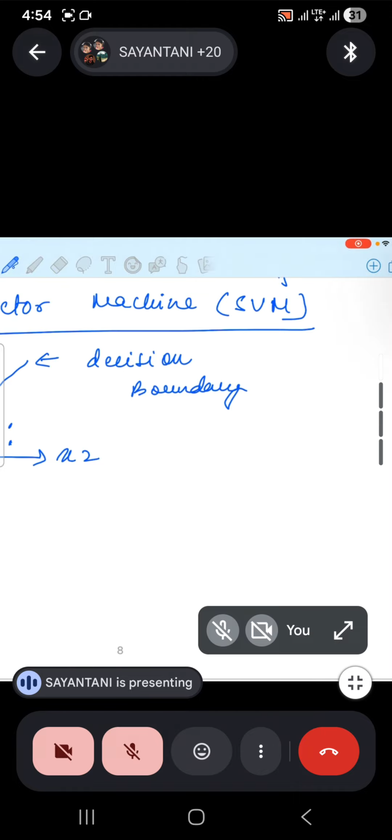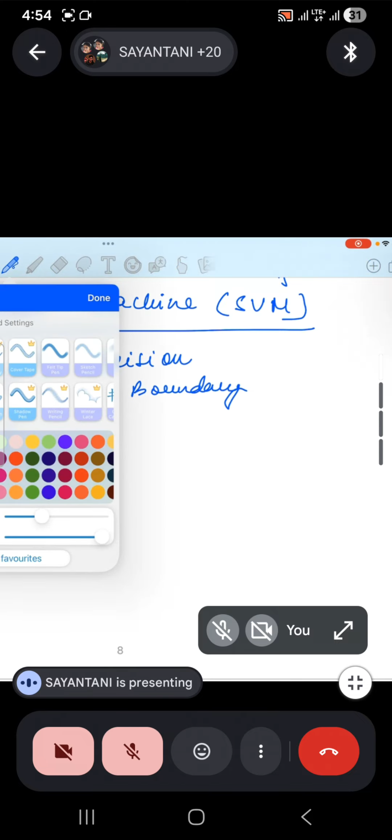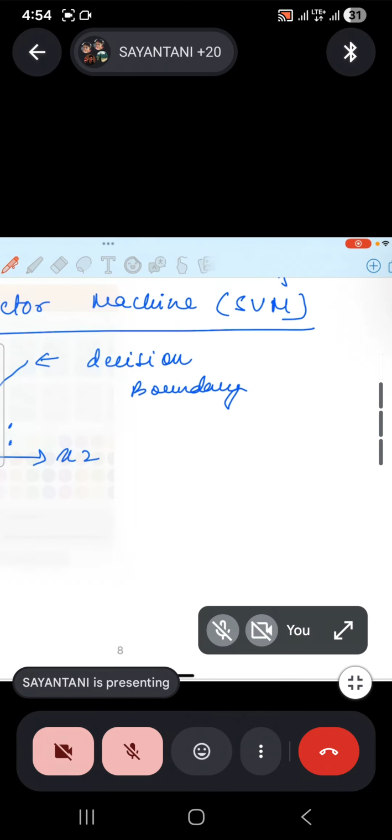Now, since I am considering a two-dimensional system, so I'm having 2D features, so if I am in a two-dimensional system, the decision boundary is a line as I have drawn right now.